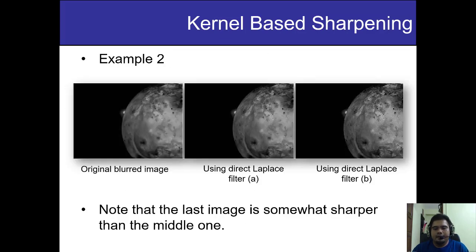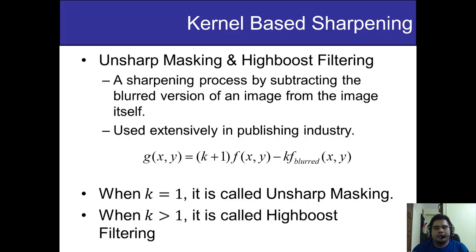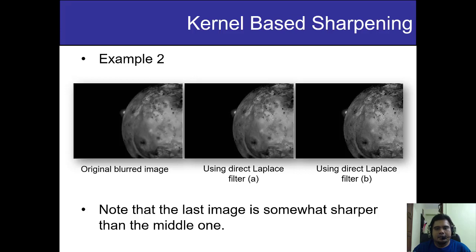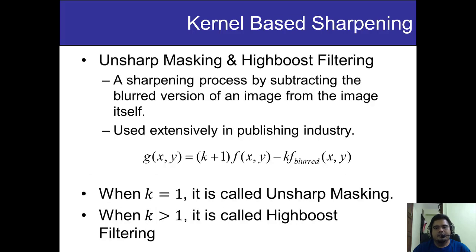we also have another sharpening filtering process, which is known as unsharp masking and high boost filtering. Okay, so this is a special sharpening process or sharpening filtering operation. What we have discussed before is a typical sharpening filtering operation, but this one is a special sharpening operation.